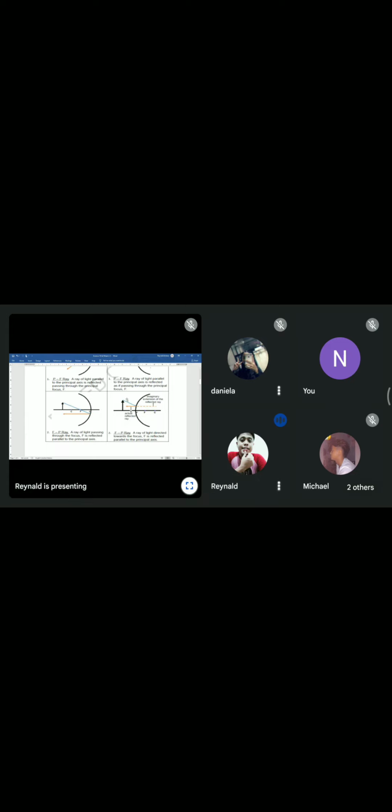So ganun din yan dito, FP ray. So ang description natin, a ray of light directed toward the focus and reflected parallel to the principal axis. So kung makikita natin, yung ray of light ay directed doon sa focus or nakatutok doon sa focus and is reflected in a parallel direction, parallel to the principal axis.